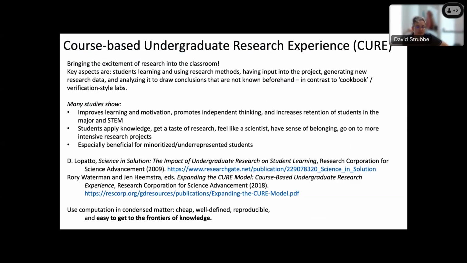The basic idea that I decided to adopt is called a course-based undergraduate research experience, or CURE. I think this name is a little bit of a pun originally, in that it started off in biology and things that related to screening drug candidates, but hence CURE.